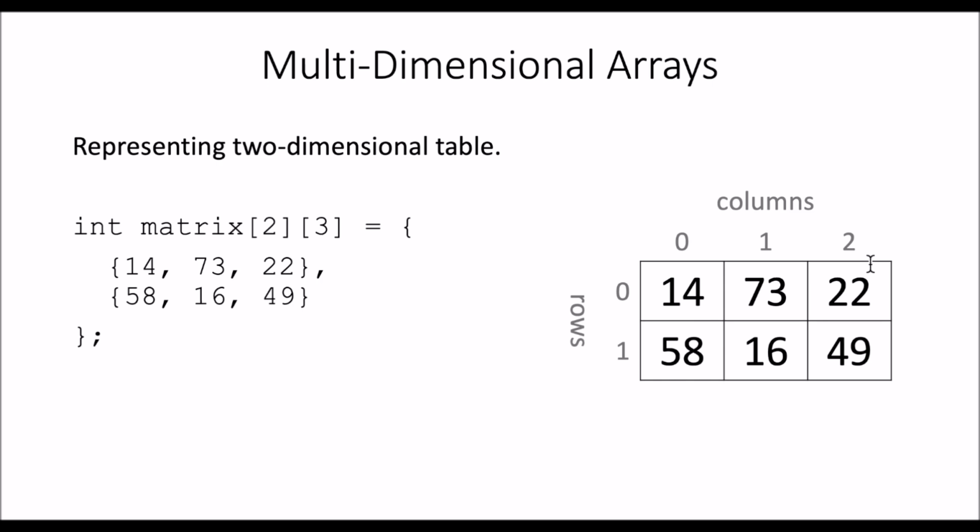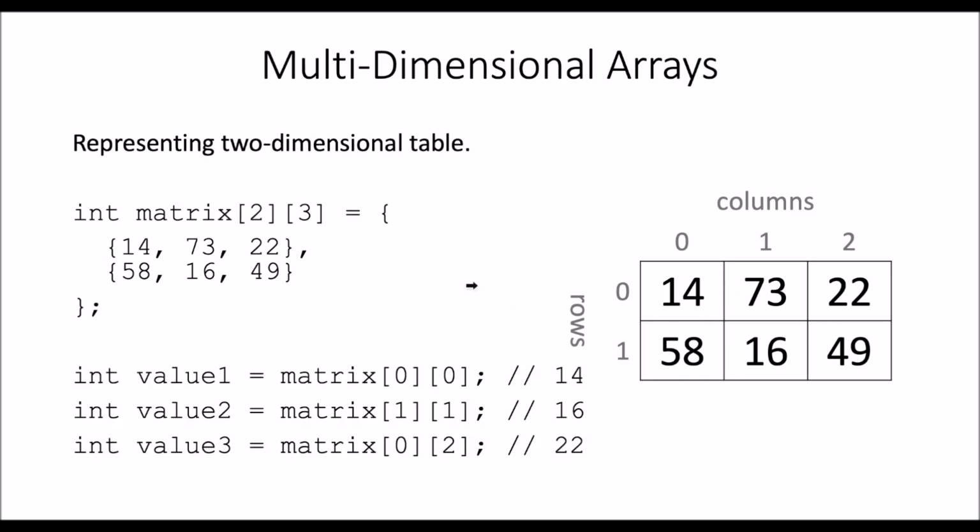Let's see how we can access the elements in this 2-dimensional array. Now the same concept that we used for creating a new array we use when accessing an element in a multidimensional array. That is, for every dimension we write a pair of brackets and in between we specify the index that we want to access. Let's say I want to access element 14. 14 is located at index 0 for the first dimension and index 0 for the second dimension.